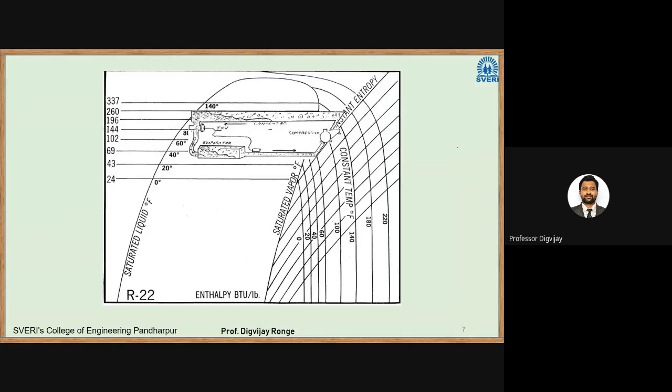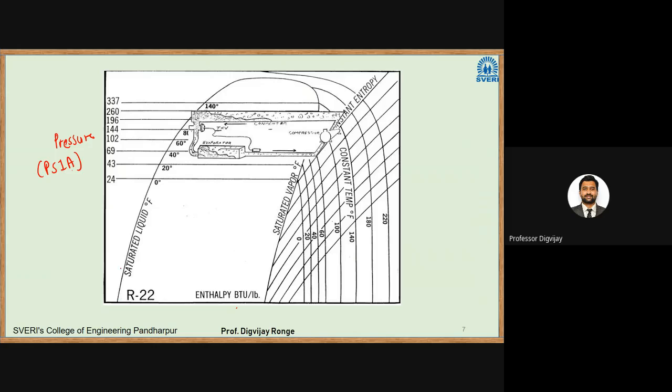Whatever you see here on the ordinate is the pressure, in PSIA, pounds per square inch absolute, where A stands for absolute. And what you see on the x-axis is enthalpy in BTU per pound. This is a pH diagram.